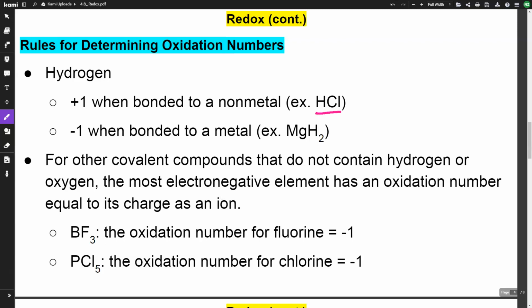So in the example of hydrochloric acid, HCl, chlorine is a nonmetal. Hydrogen, in this case, is going to have an oxidation number of +1. When it's bonded to a metal, when it takes the form of an anion, so in this case, magnesium is our cation, and then hydrogen is our anion, it's going to have an oxidation number of -1. Okay, so depending on what it's bonded to.